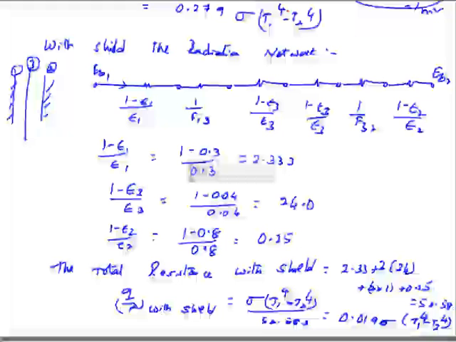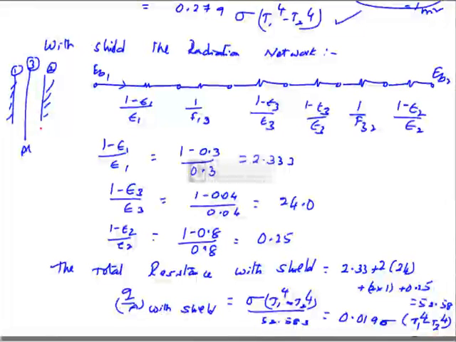So earlier we got it as 0.279, now we got it as 0.019. The percentage reduction in heat transfer rate is 93%. The heat transfer rate has reduced by 93.2%, having one shield made of aluminum.